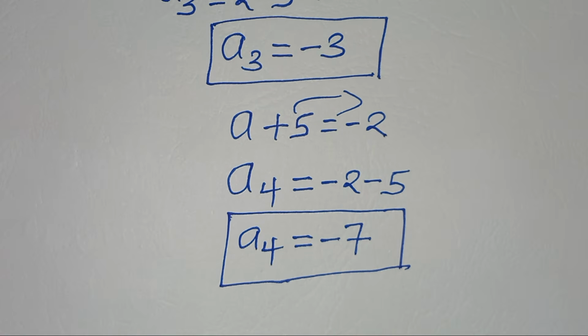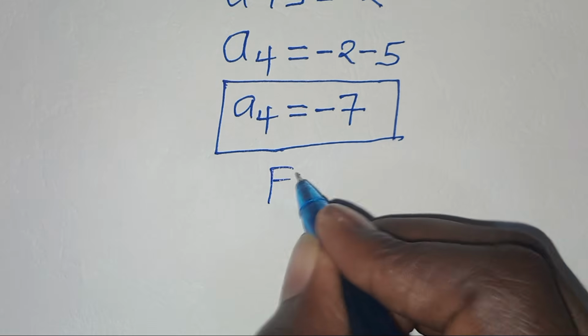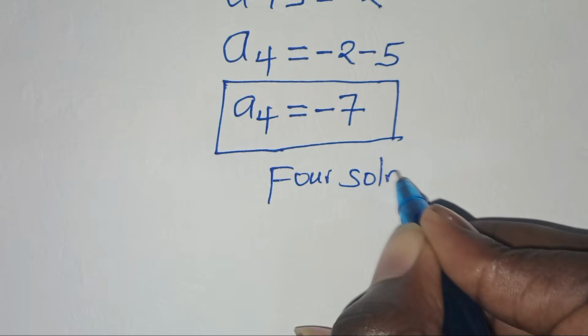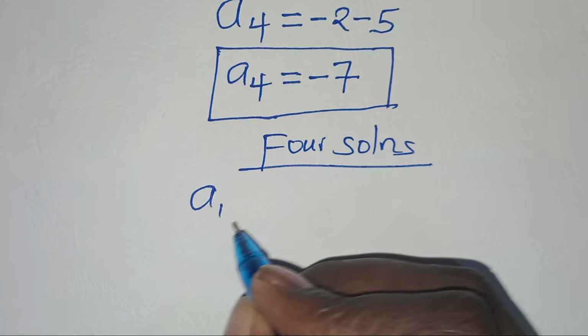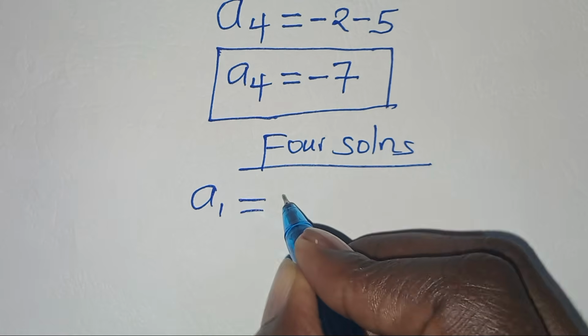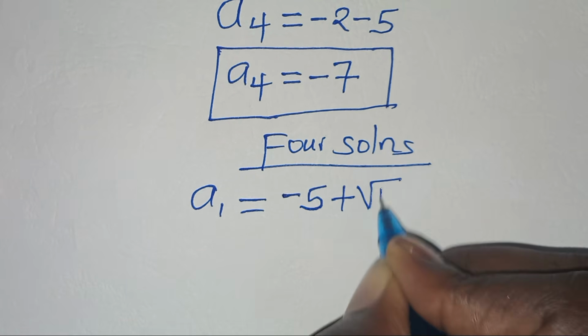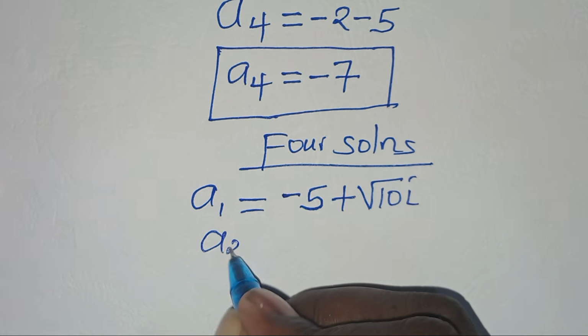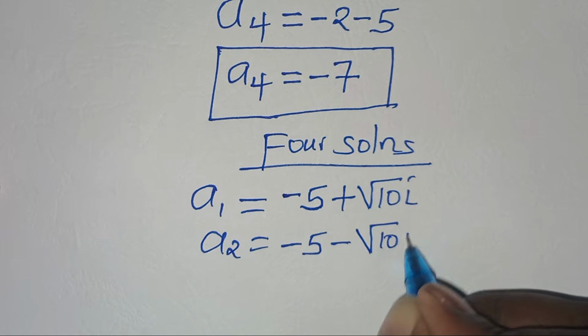And this means that we have 4 solutions to this algebra problem. We have 2 complex solutions: a1, which is equal to negative 5 plus root 10i, and a2, which is equal to negative 5 subtract root 10i.